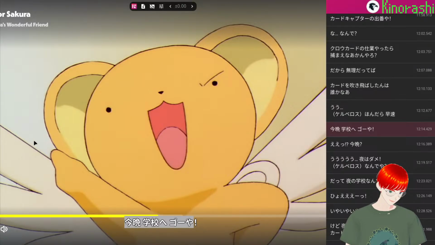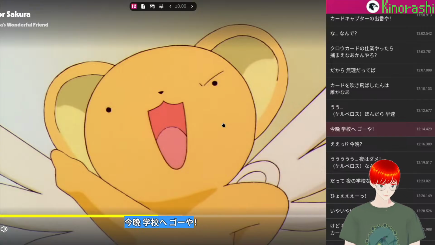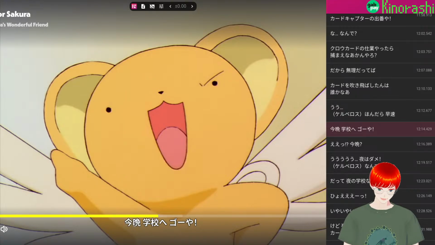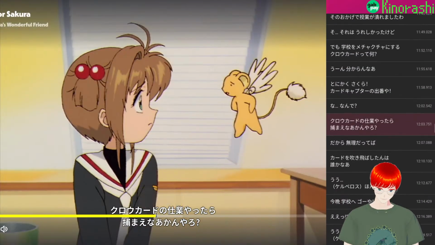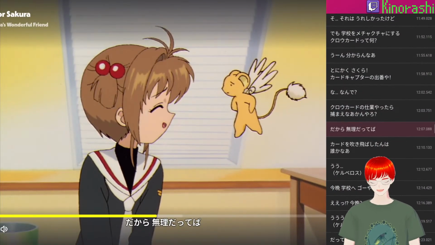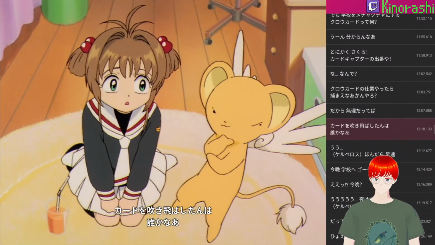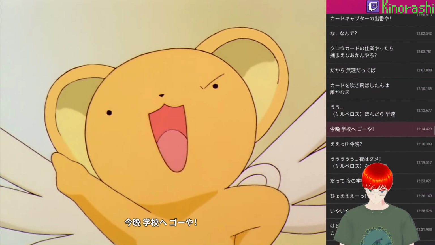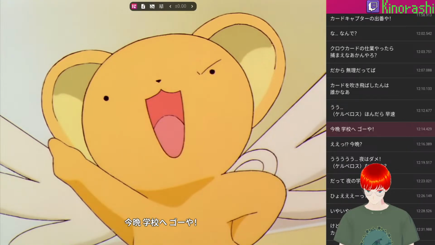Yeah, they're saying ikimasu would have been the proper word to use, but he just said go. So, konban gakko e goya. So between the two sentences, we must go to the school tonight.